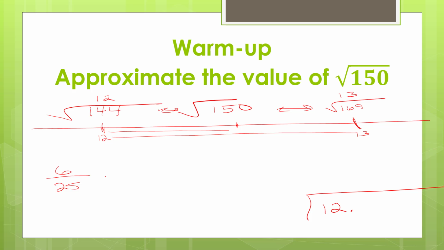Now, we want to take 6 and divide it by 25 so that we can find our decimal equivalent, and that equals 0.24. Since our part is equivalent to 0.24, we can say that 12.24 is our approximate value for the square root of 150.